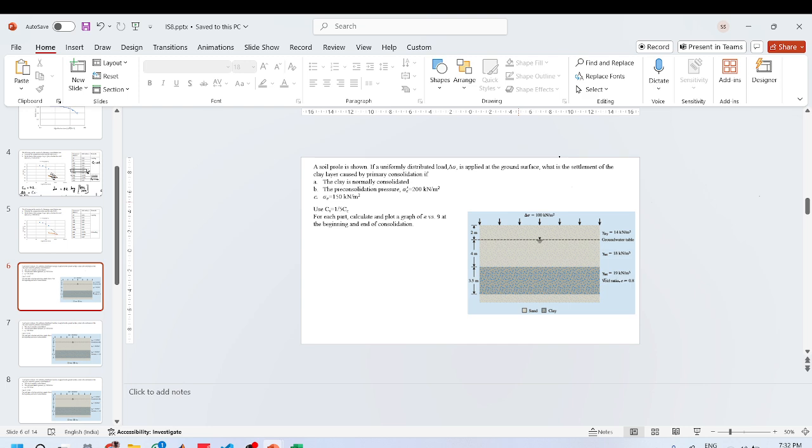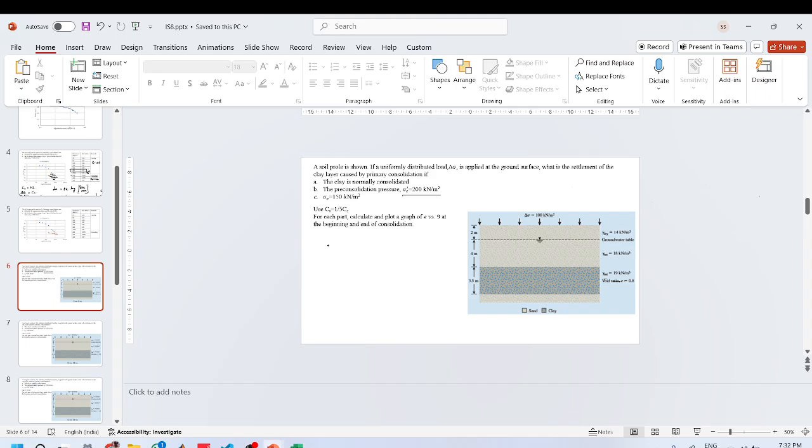Yes, ma'am. Okay. So the clay is normally consolidated. Pre-consolidation pressure is 200 kPa. So when I don't apply this delta sigma, this whole thing is under a pressure of 200 kPa. Then I apply delta sigma. Okay.